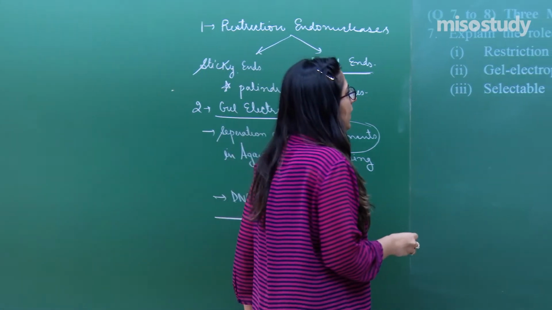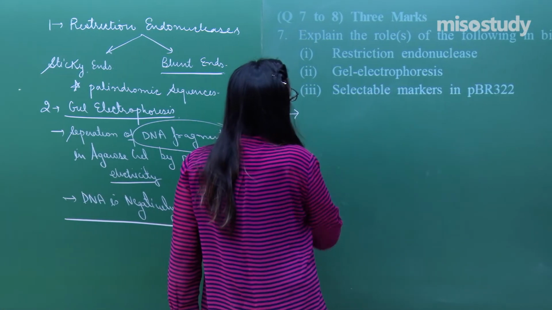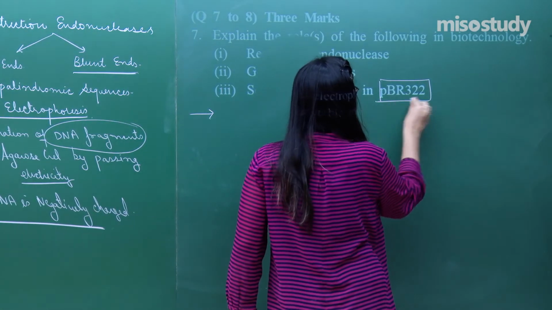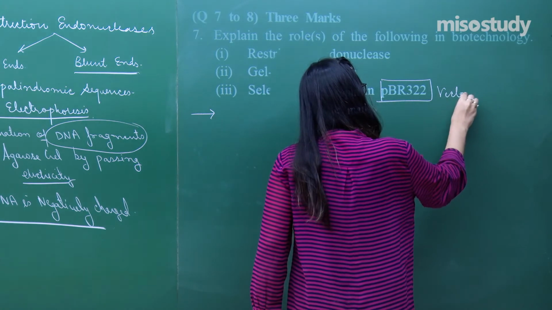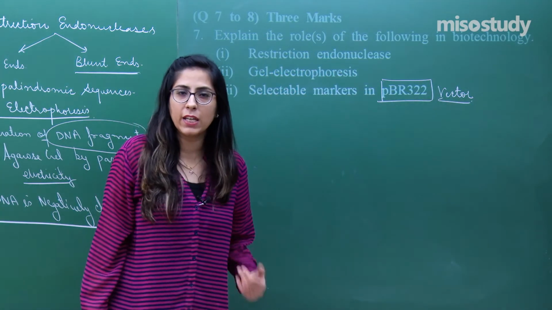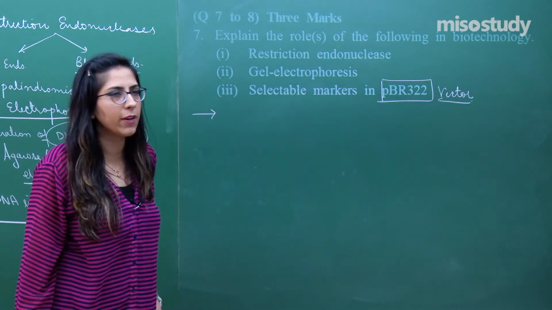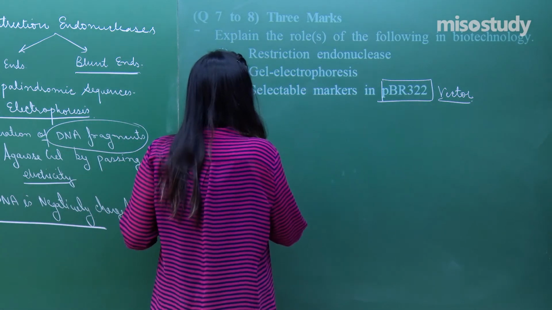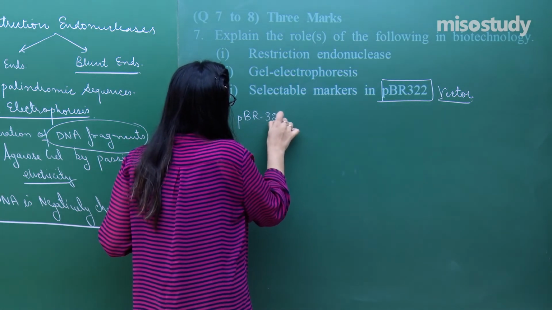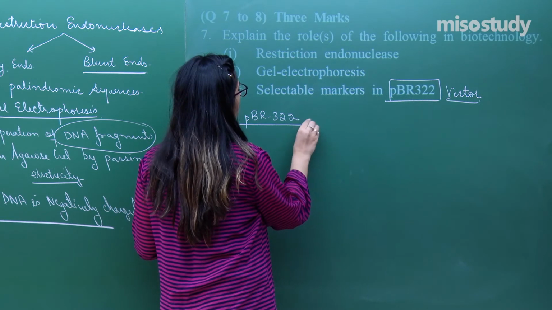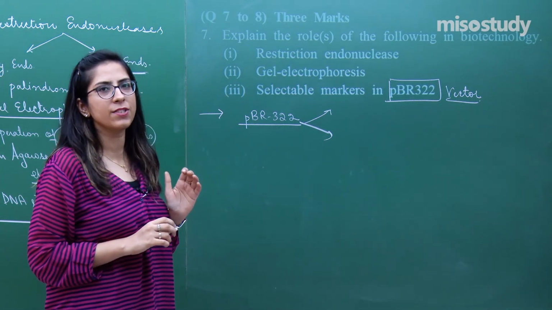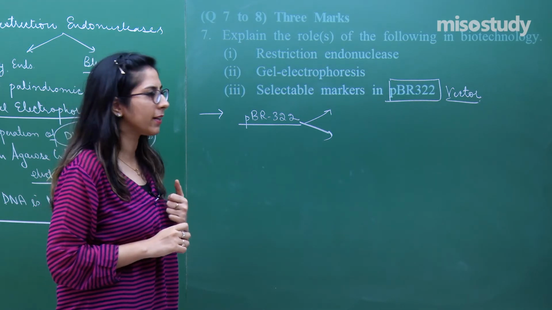Now next is the selectable marker in pBR322. pBR322 is a vector which carries our DNA of interest, and is also called a vehicle. In pBR322, two markers are present. These markers are resistant towards various antibiotics.